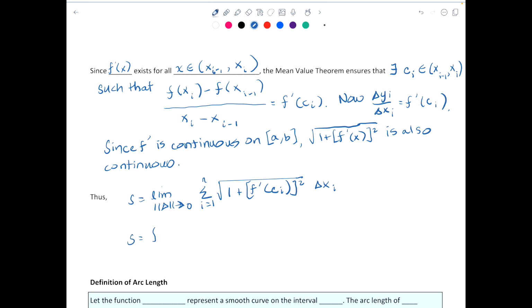So you'll have the definite integral from a to b of the square root of 1 plus f prime at x, the quantity squared, dx. And there you have arc length.